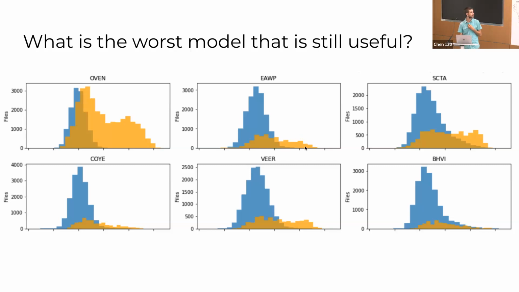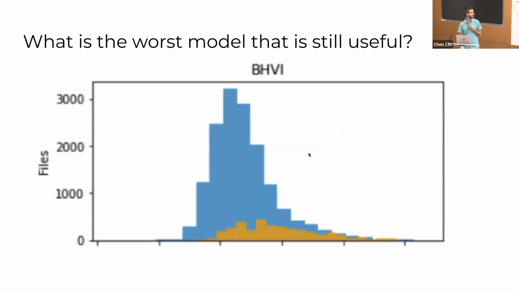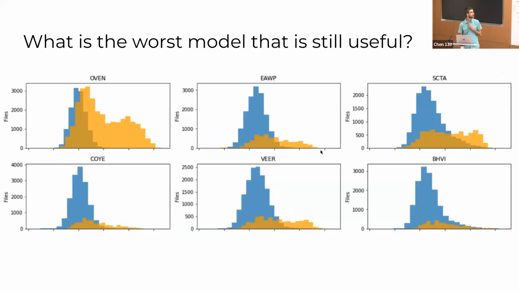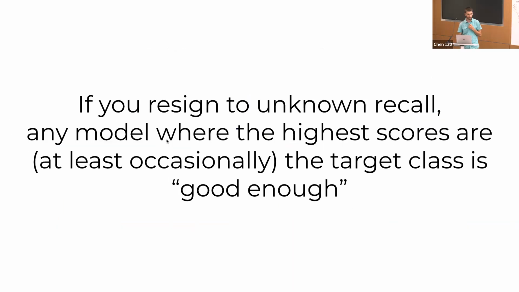Because then we can go in and review some clips at this very highest scoring region, and confirm the presence. So in the case where you don't care about recall, any model where the highest scores are at least sometimes the target class is a good enough model. Does that make sense in the context of the histograms I was showing?